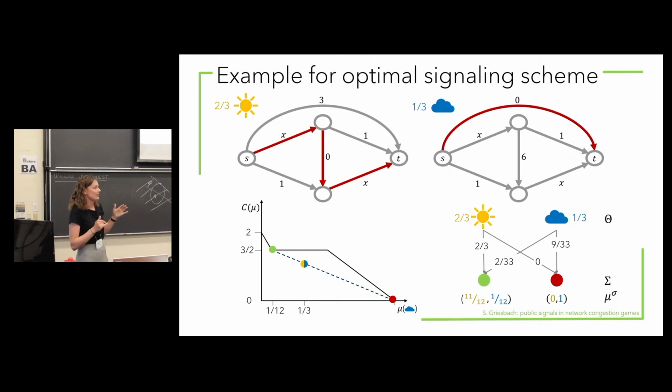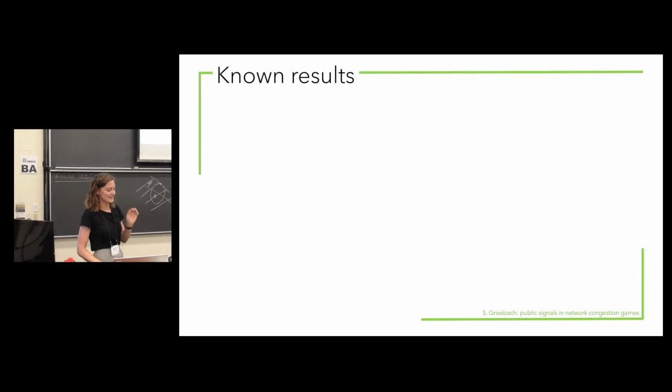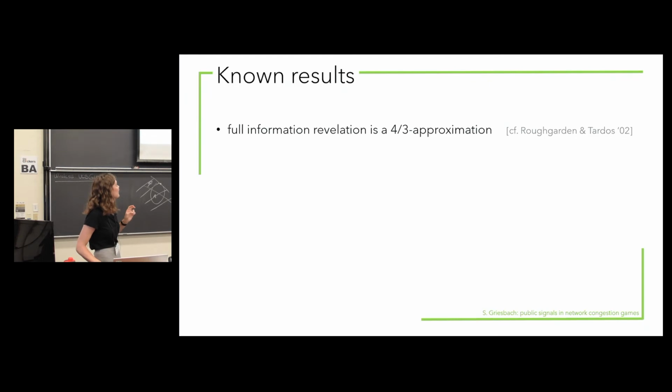Okay, so now before I go into our main results, let me give you a short review of some known results, and I just want to focus on two things. And one is that full information revelation is always a 4/3 approximation. This basically comes from the price of anarchy, and you can see this in Roughgarden and Tardos, for example.